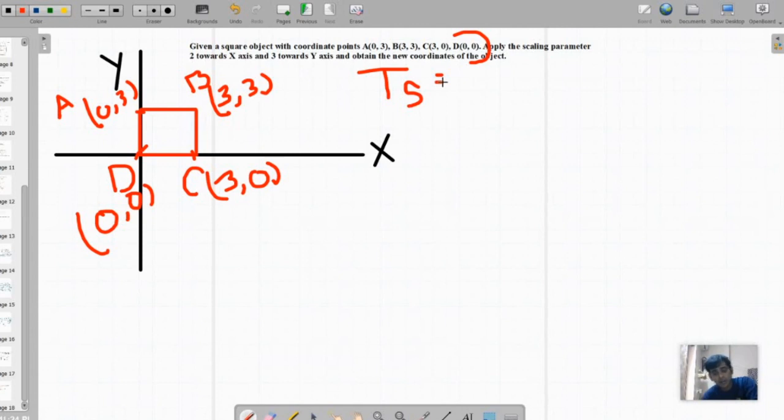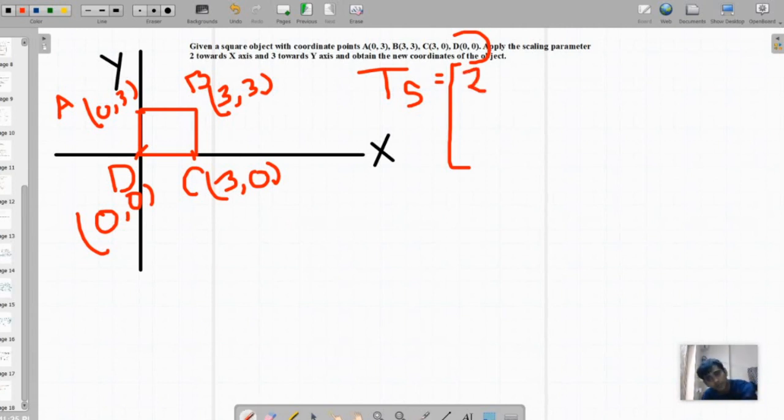TS is our scaling matrix, and if you have followed our generalized discussion about the formulation of the scaling matrix, you can recall that at the first location of the matrix, we had Sx, that means the scaling factor along the x-axis. In this problem, the scaling factor along the x-axis is 2, so you should write 2 here.